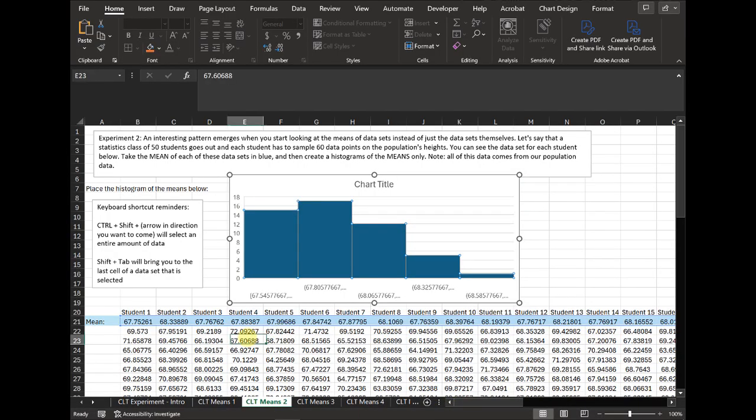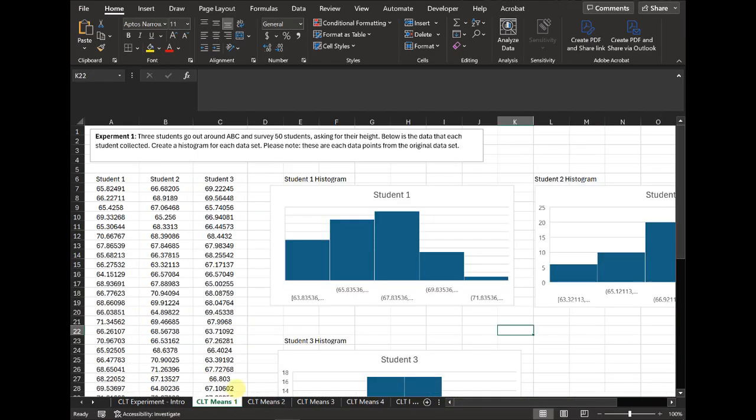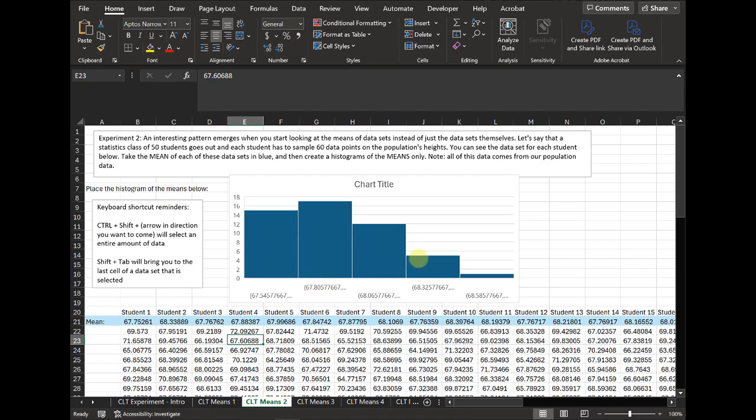And just like on the previous tab, where having 50 data points doesn't mean you're going to get a normal curve, same thing here. We only have 50 data points, so the histogram is going to be what it is. This is kind of the first point of the central limit theorem. For this to work, you need a lot of data, okay?